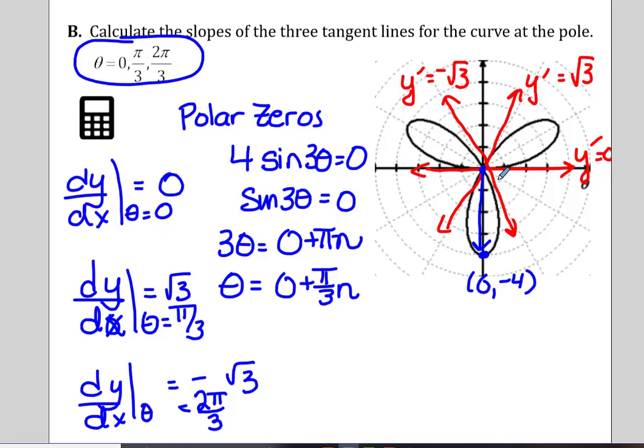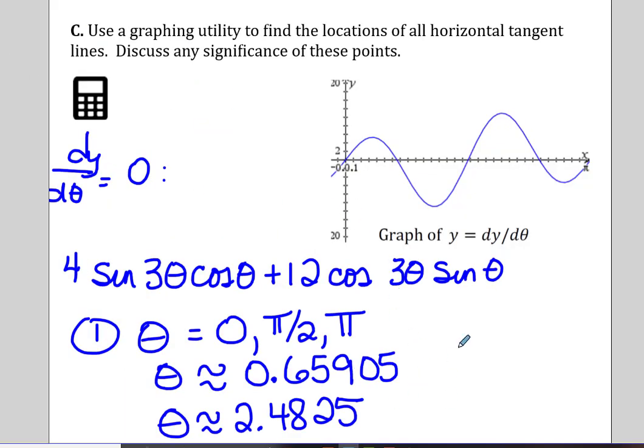That's a horizontal tangent line. And again, so we had this here. Okay. I think that pretty much analyzed the entire thing.